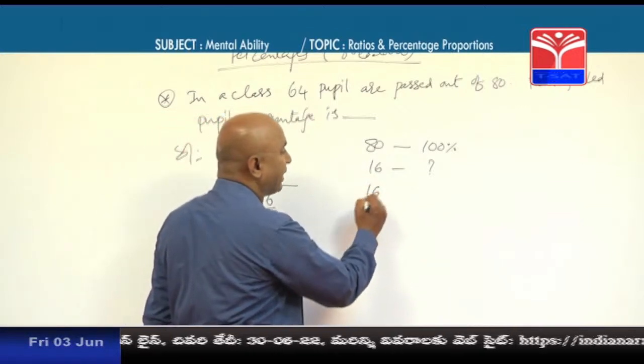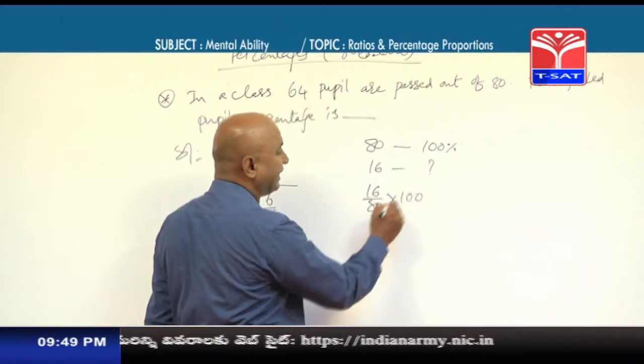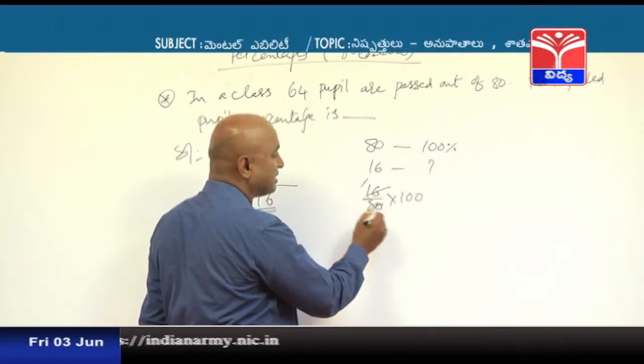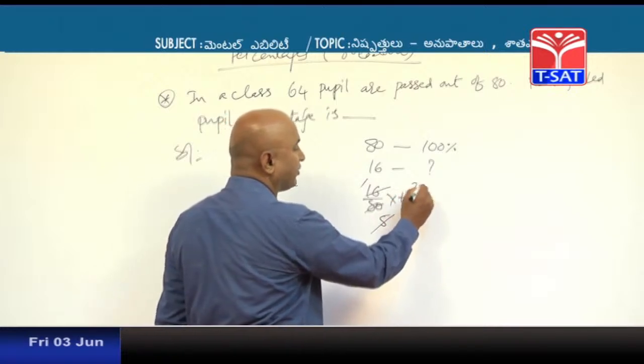So 16 by 80 into 100. 16 ones are 16, 16 5s are 80, 5 ones are 5, 5 20s are 100.